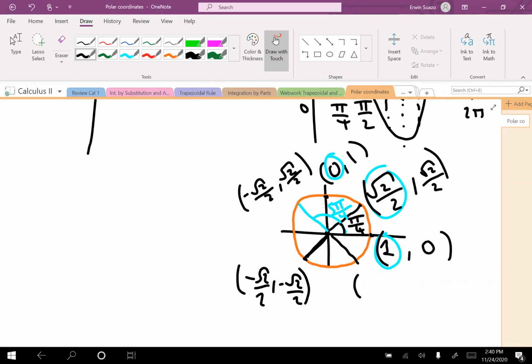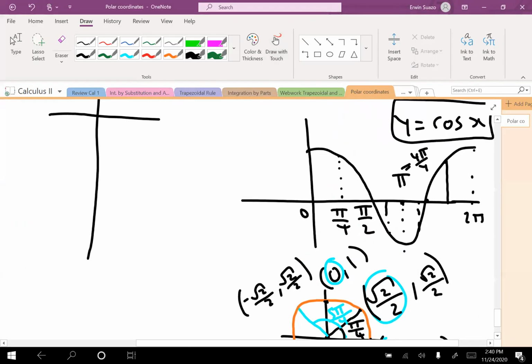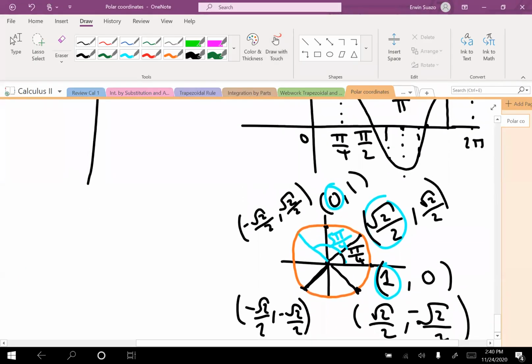And then what is this point over here? Square root of 2 over 2, negative square root of 2 over 2. All that is symmetry, okay? So all that to explain the following.